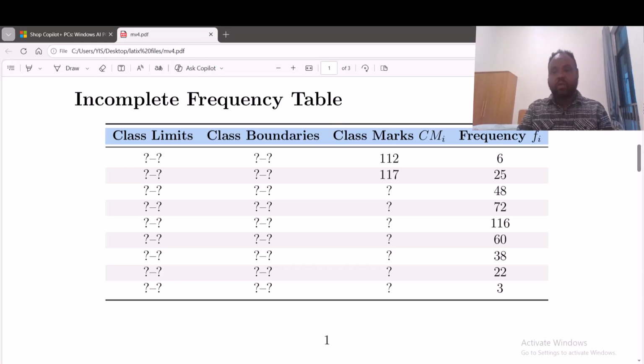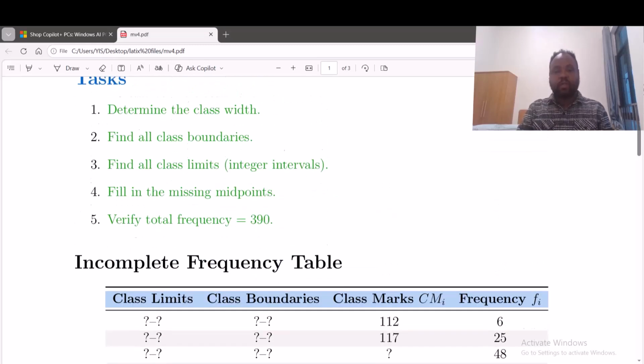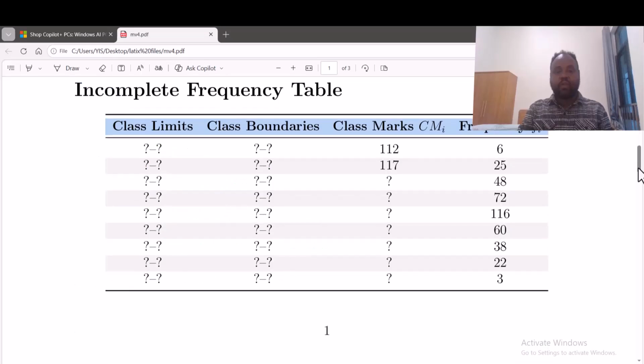All of this can also be presented as an incomplete frequency table. The class limits column is fully incomplete, the class boundaries are also missing, from the class marks column we only have two class marks, and the class frequencies are fully given.